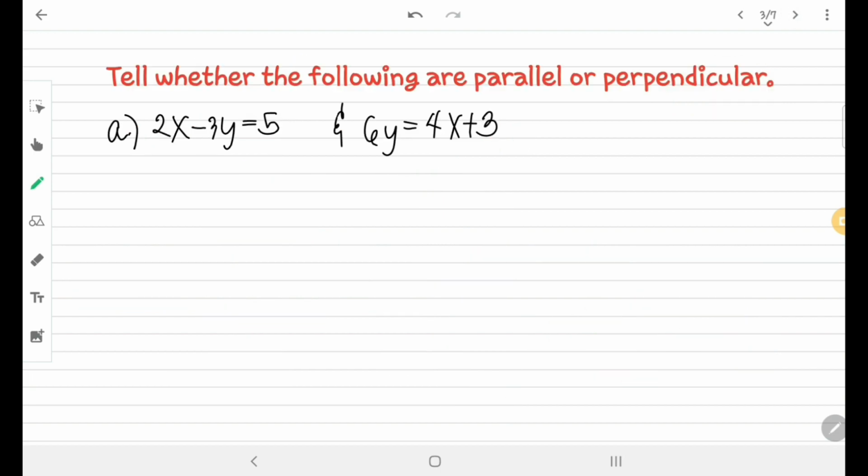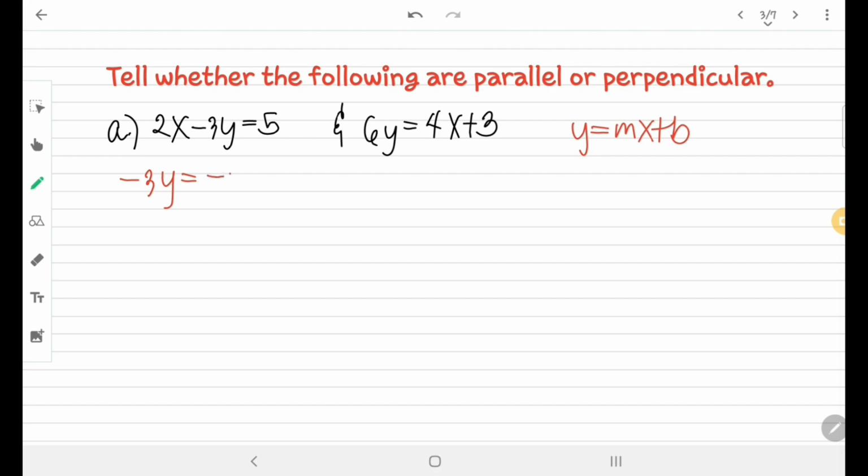So, tell whether the following are parallel or perpendicular. Ibig sabihin kapag ganito yung pinapagawa sa inyo or pinapa-identify, let's identify the slope. So, dahil equation to, gawin natin in the form of y equals mx plus b. We must know how to change this form. Let me show on this yung letter A using the red marker.